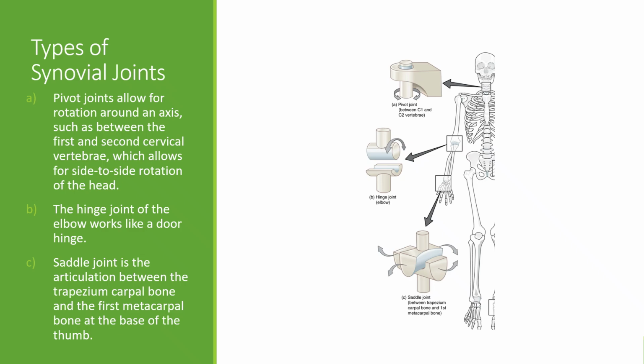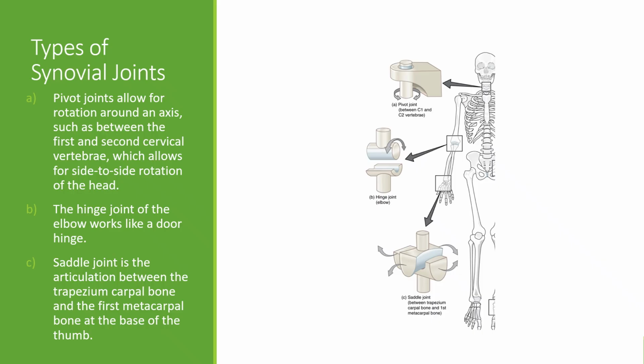It's just like this little post of bone sticking up, and the first cervical vertebra sits on top of that and twists back and forth. So when you shake your head no, side to side, your first vertebra is pivoting around the second vertebra on this structure called the dens. That's what they're showing you in the picture over on the right.